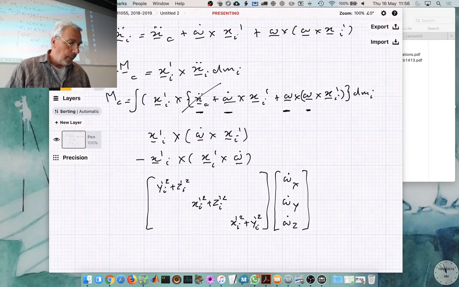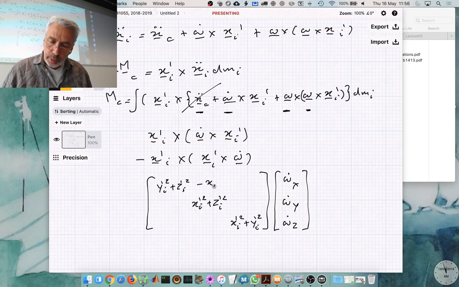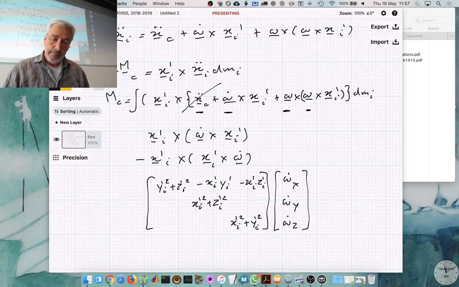Well, let's take one. This one is going to be minus xi prime yi prime, and this is minus xi prime zi prime. And then here you can do the same. I get the same result.